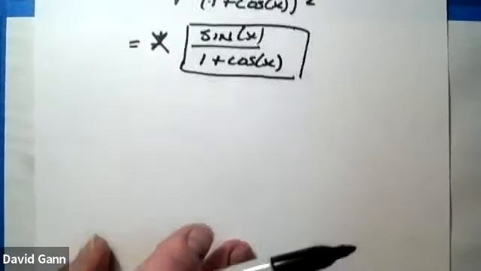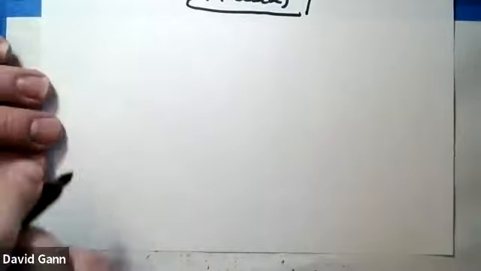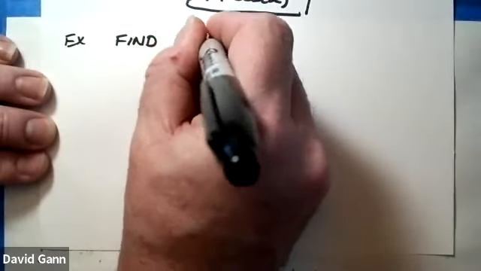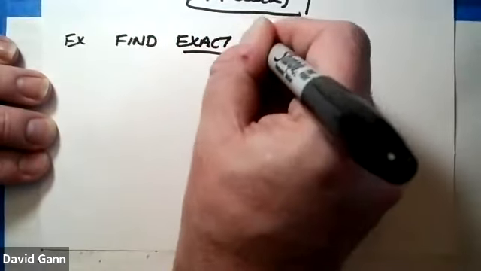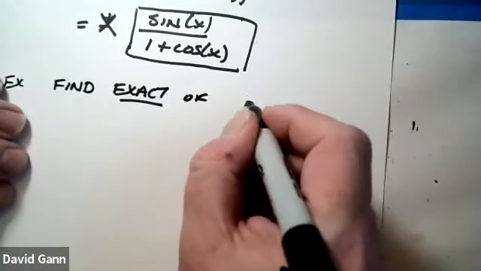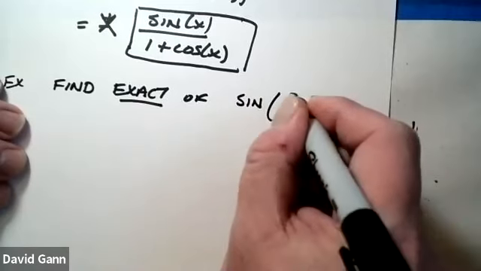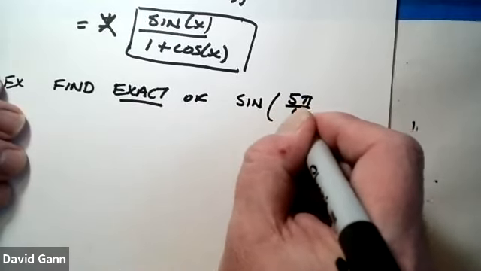So let's just try this example. Let's say find the exact value of, I don't know, let's say sine of 5 pi over 8.